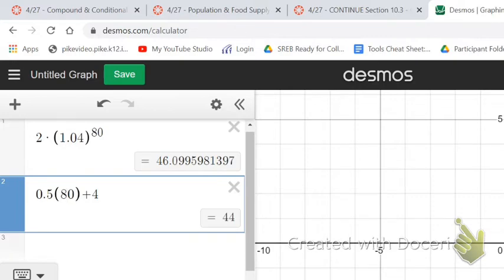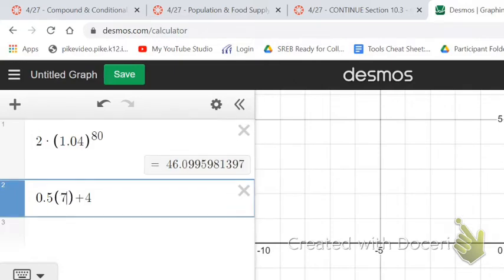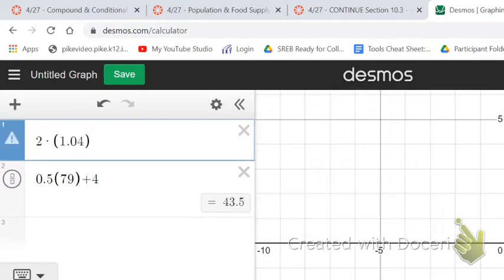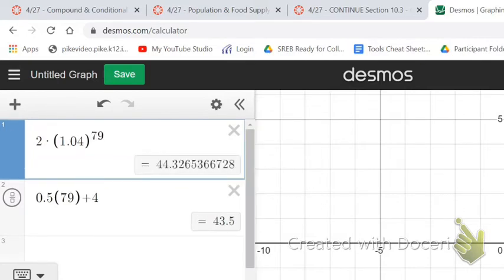This is right where it starts, though. Can we narrow it down more than this? Let's try 79. Still starving. Let's try 78, because we still have about 1 million people starving here.